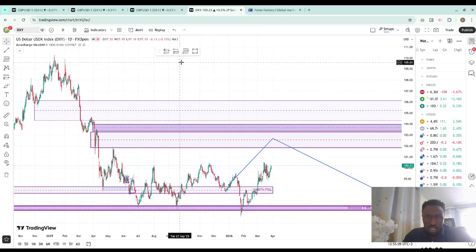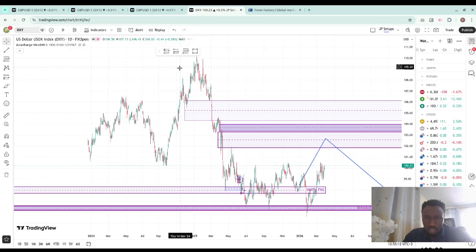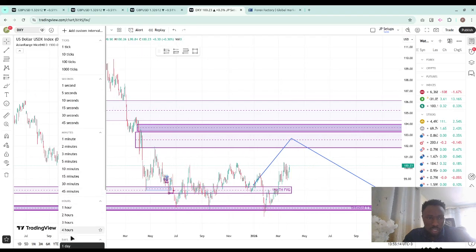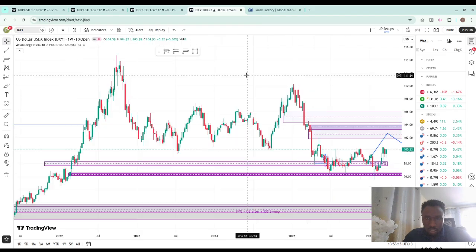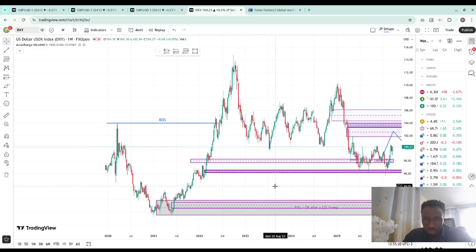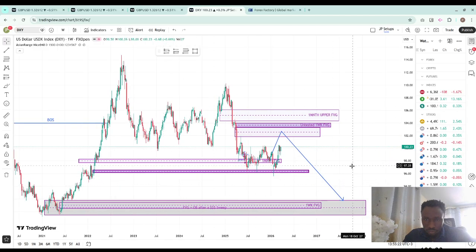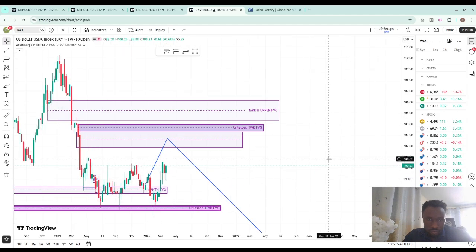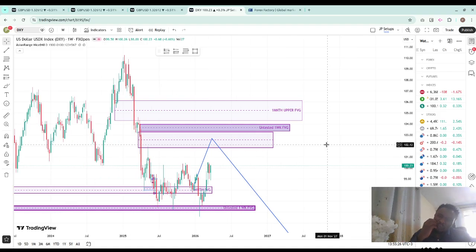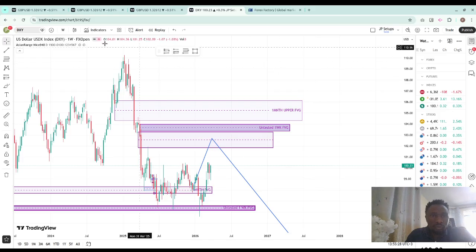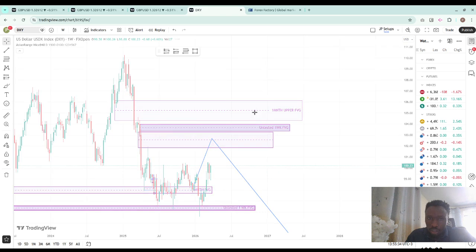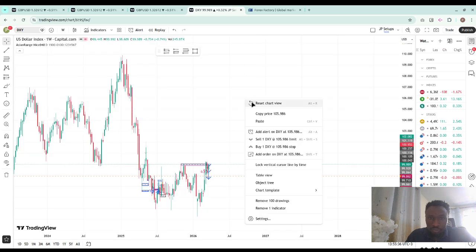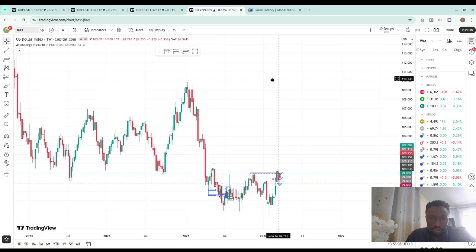How is the weekly? Let's start with the weekly. Let me change to this one, that is on daily time frame.